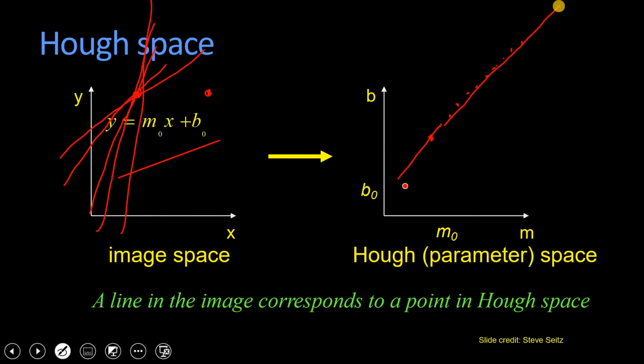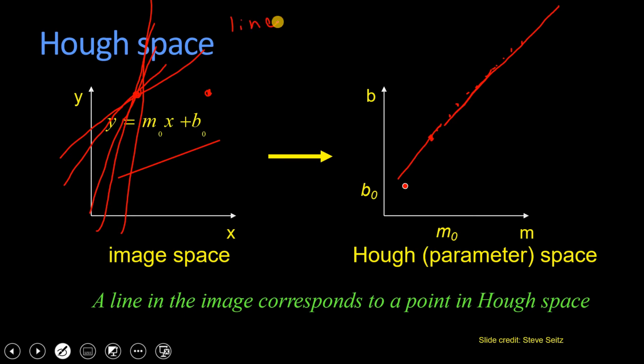All the points, all the values of M and B that occur on this line, they will satisfy this point. They will represent a line that will pass through this point. So it is a very important take home point. If it is clear to you, very important to understand.